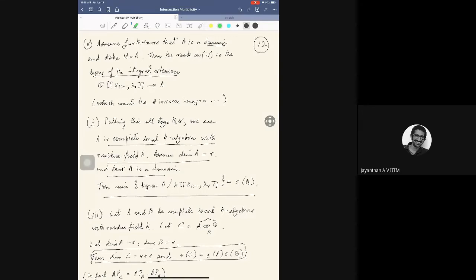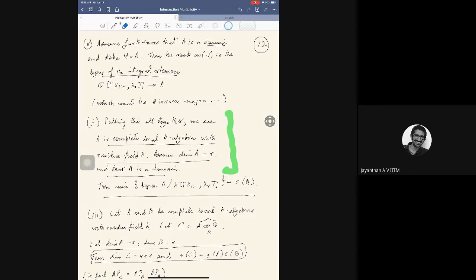Yes, I sort of said that, forgetting that it was actually written down on the next page. So what I said aloud was this: you've got a complete local K-algebra with residue field K. Assume A is a domain, then A can be expressed as an integral extension of a power series ring in several ways, but whichever way you do it, the degree would be greater or equal to the multiplicity, and most of the time it actually equals the multiplicity.